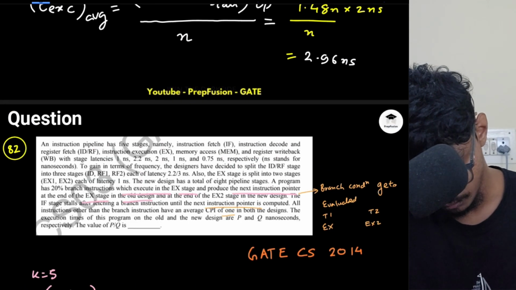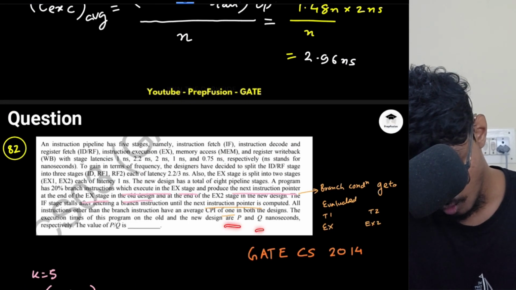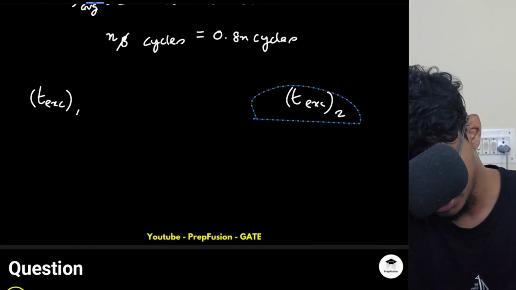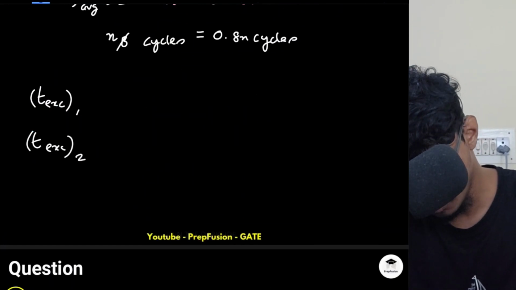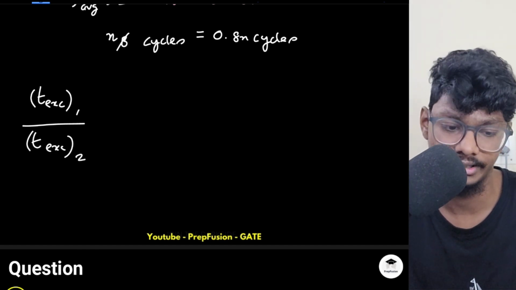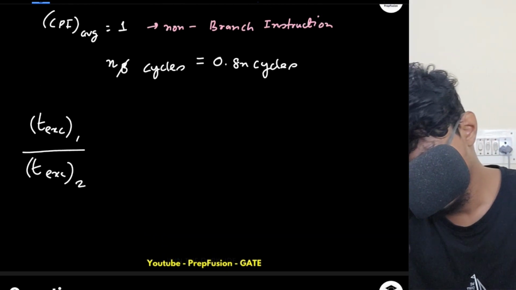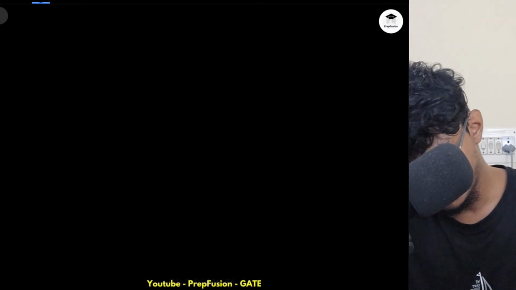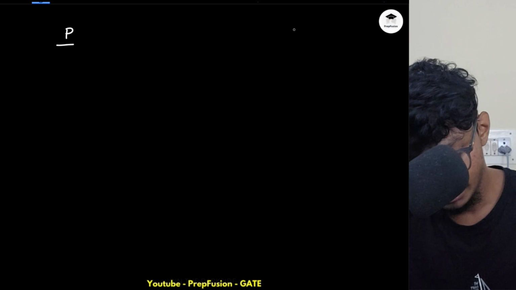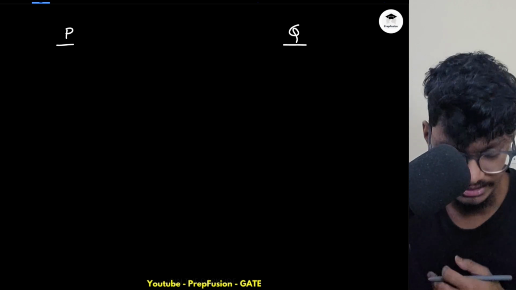They are asking me the ratio of Tx1 over Tx2. So I need to find Tx1 and Tx2. First I will write for system 1 P and system 2 Q, side by side.